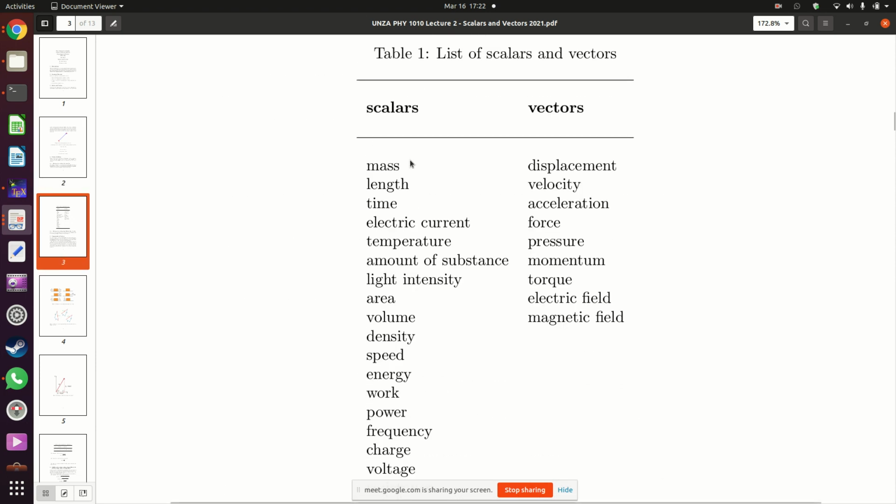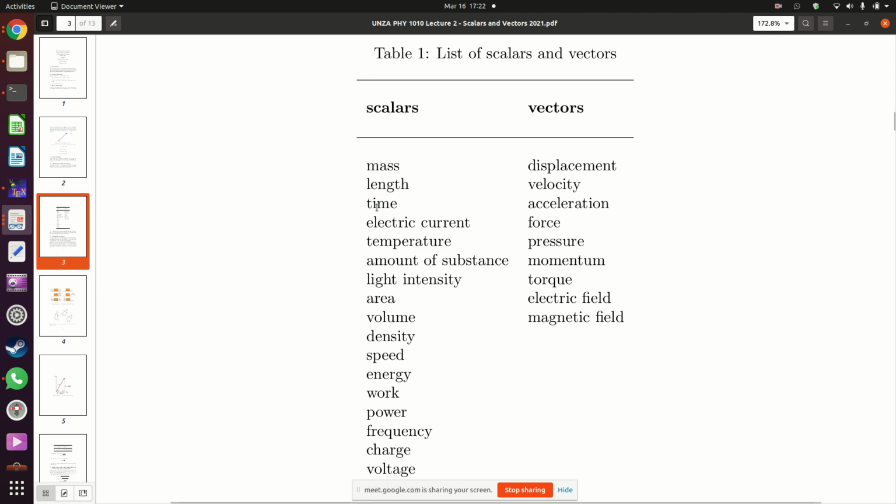Here's an example of physical quantities, which ones are scalars and which ones are vectors. You've got mass. Mass is a scalar. It only has size. Length also depends on size, for example a distance or a radius, that's a length. It's just a size.